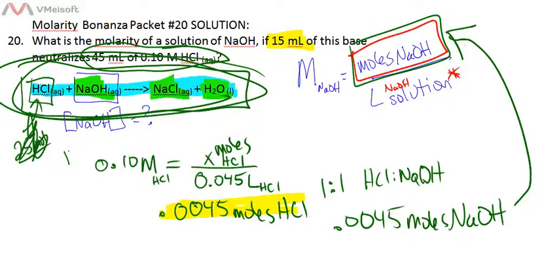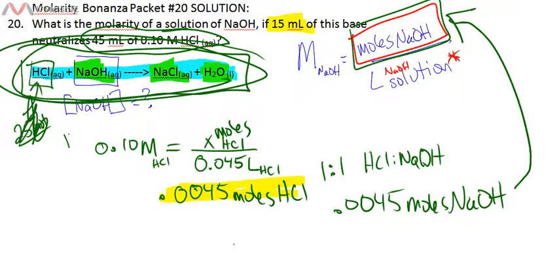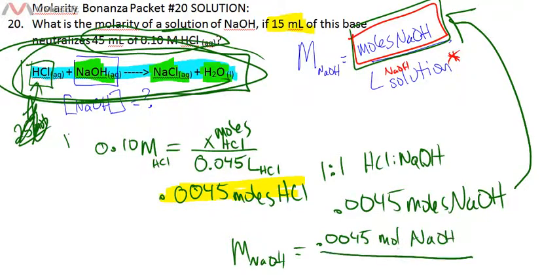So now, can we get the concentration of the sodium hydroxide solution? Yes, because we know that there must have been 0.0045 moles of sodium hydroxide, and what was the liters? That's 0.0045 moles of sodium hydroxide dissolved in 0.015 liters of sodium hydroxide.